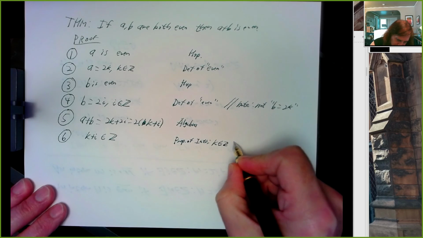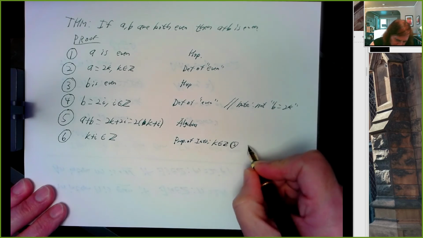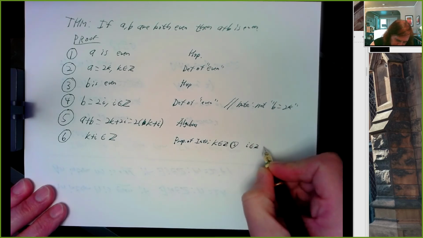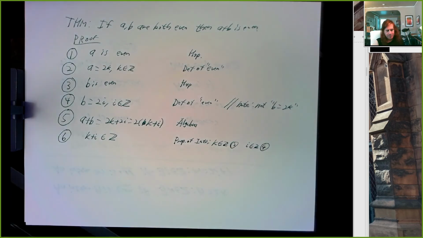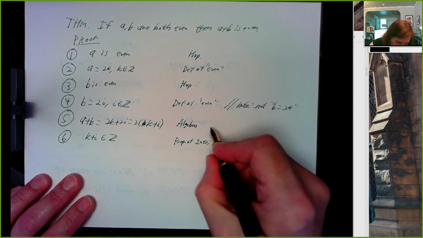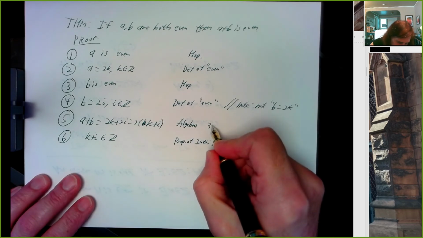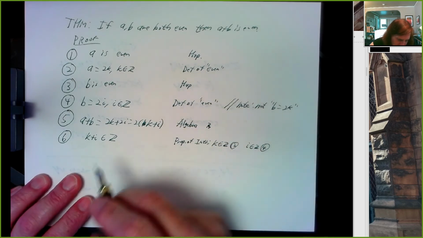And k is an integer from step 2, and I is an integer from step 4. So yeah, algebra, we could mention that we use steps 2 and 4.